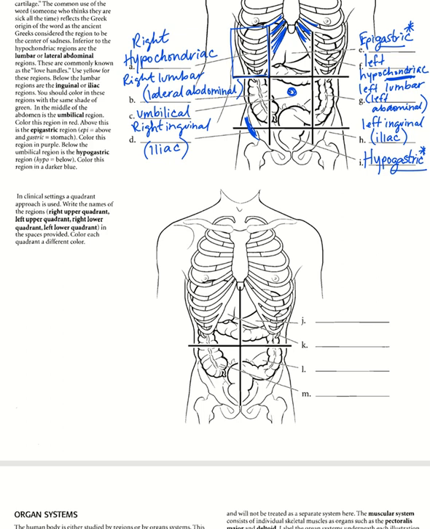So that way, if you report any type of pain, they can then include that quadrant in their report and then focus on just the organs that might be causing your symptoms within that quadrant.